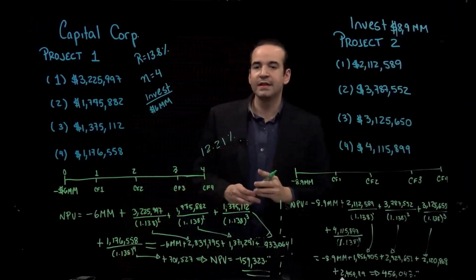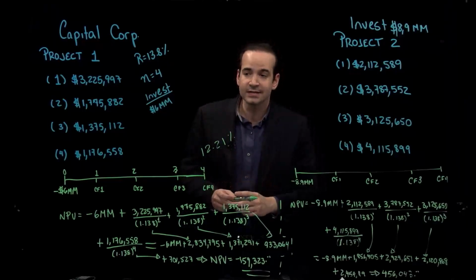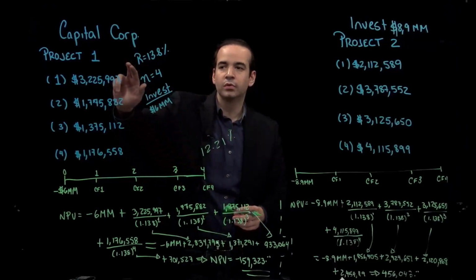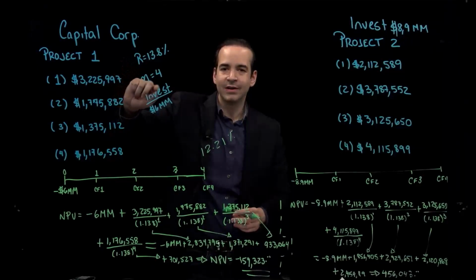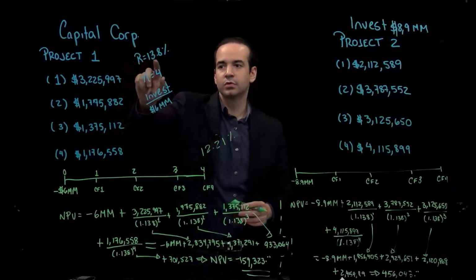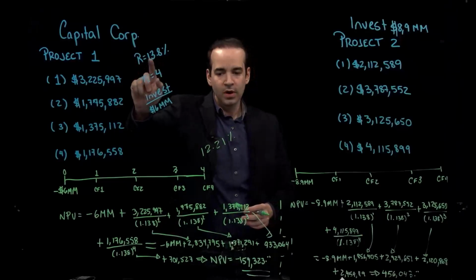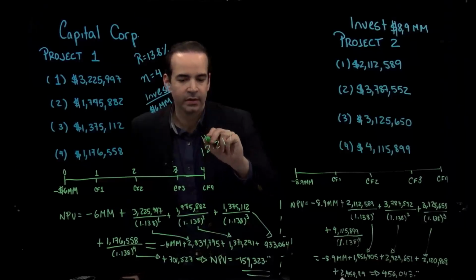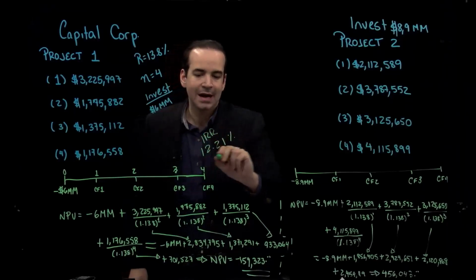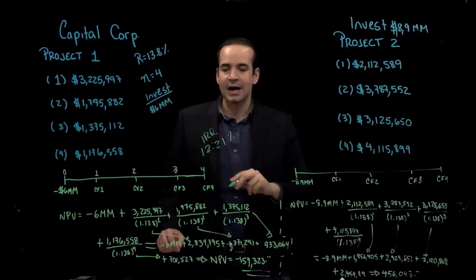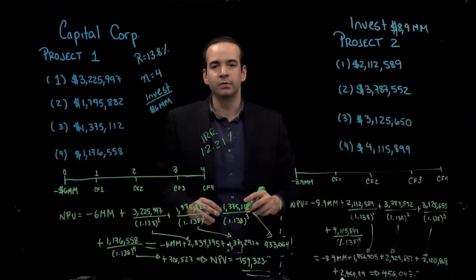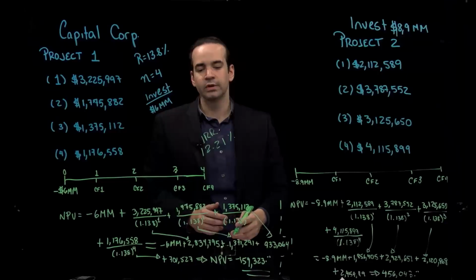Now, what is the issue that we have when we find this IRR? Our discount rate, or in other words, our required rate of return, is 13.8, whereas our IRR is 12.21. Therefore, our internal rate of return, or IRR, is lower than the required rate of return, or in other words, the discount rate.